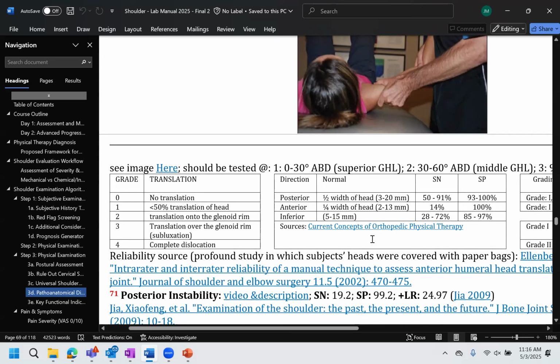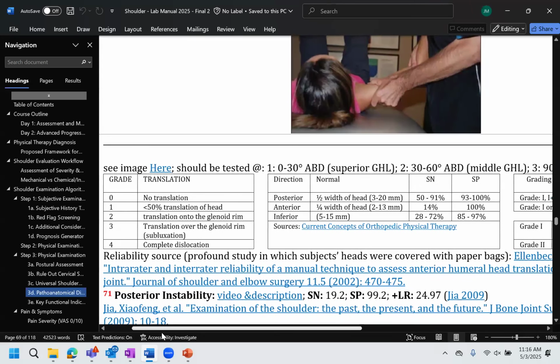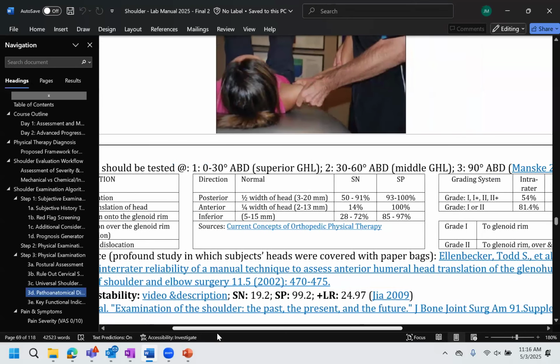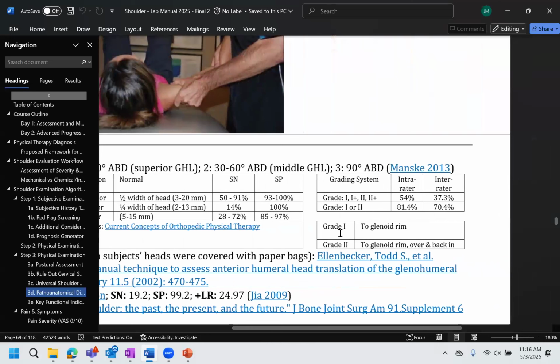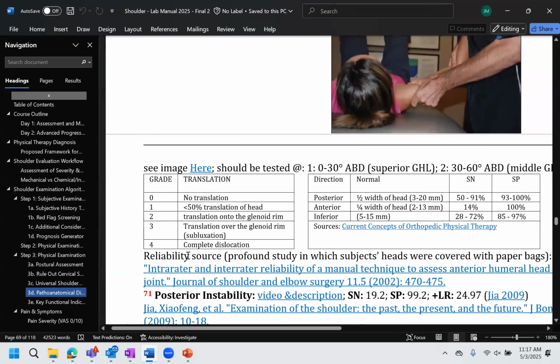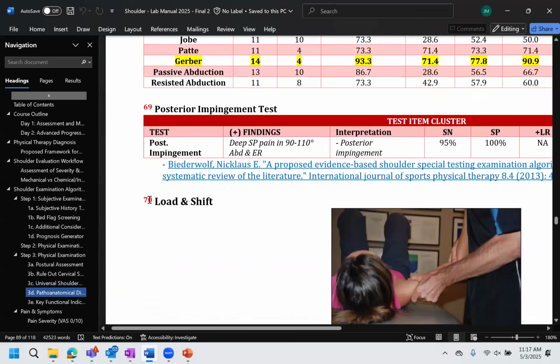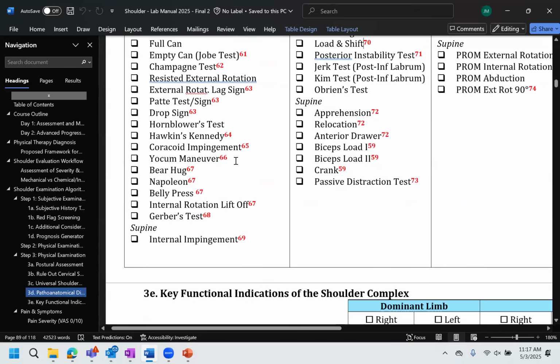So 0 through 4, graded with any grading system, the more levels of stratification, the more inconsistency there is, right? There's also been grade 1 and grade 2 to the glenoid rim or over the glenoid rim. So I did want to just come back to some of the commentary that was described during our breakout.